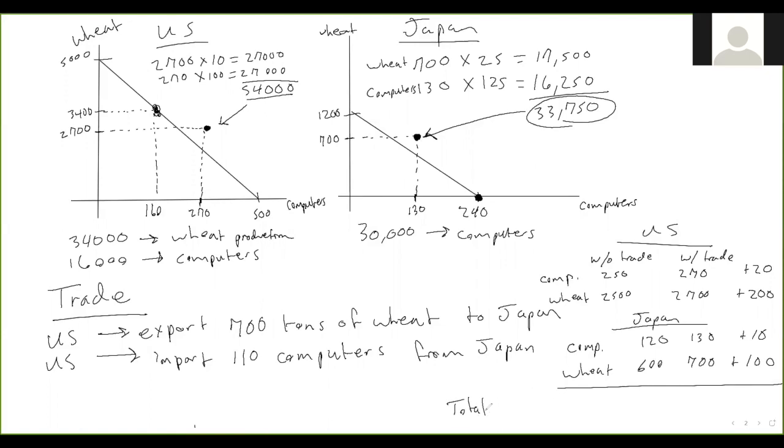So as we can see, there are gains from trade in this case, right? The total of which is the sum of all these. In total, we got 30 extra computers and 300 tons of wheat that was not possible without trade.